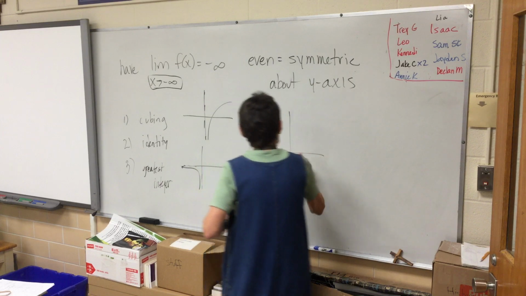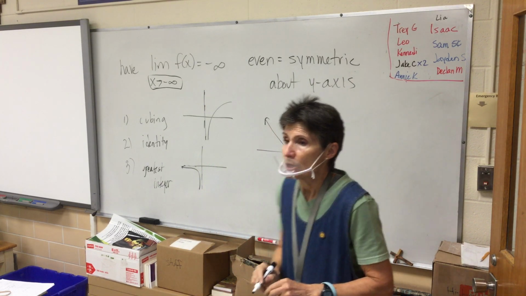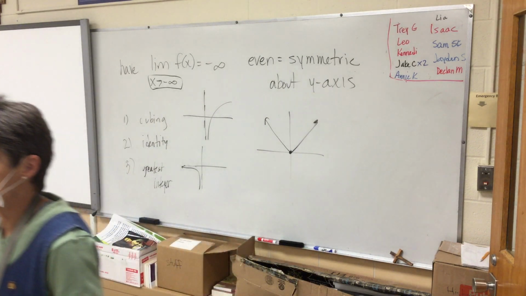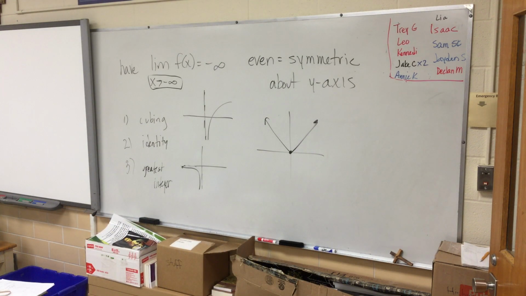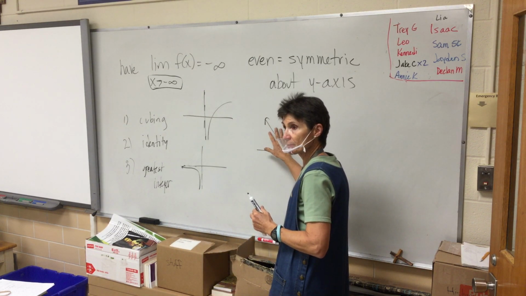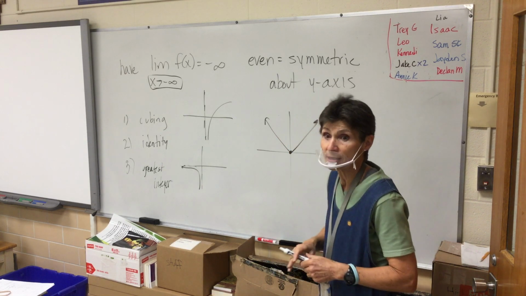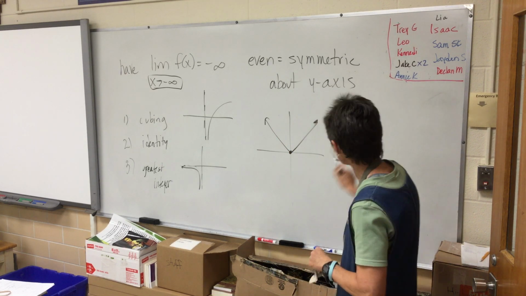A perfect example is the absolute value function. When we say it's symmetric about the y-axis, we mean whatever's happening on the right is also happening on the left, right? Wouldn't you agree that those are mirror images of each other across the y-axis? So that's an example of symmetry about the y-axis, an even function.